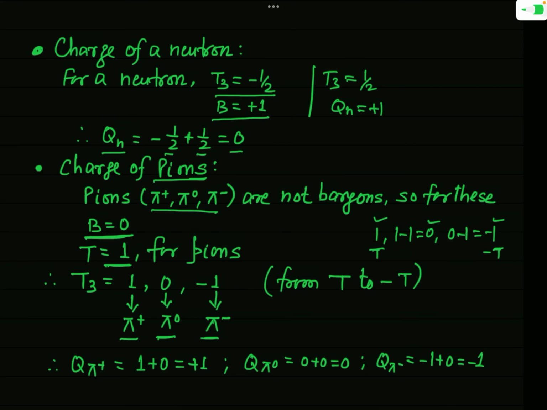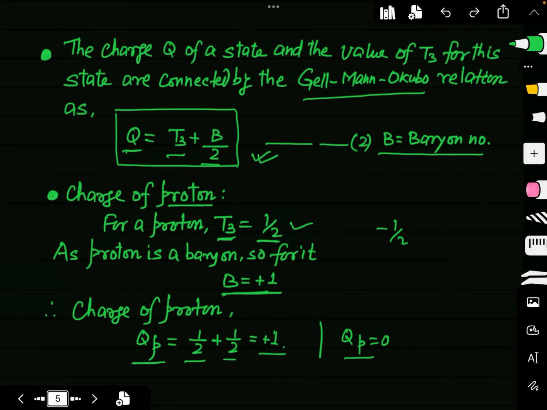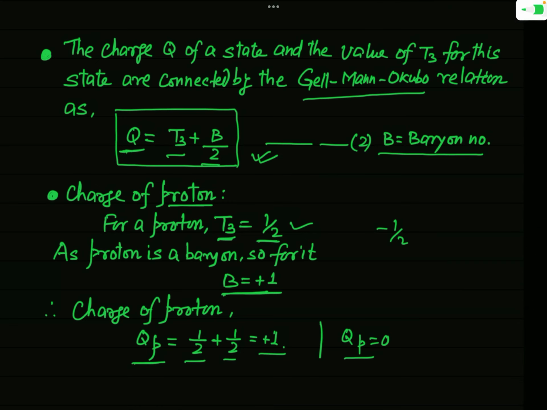Now use the formula for finding the charge of a particle. You can see Q is equal to T3 plus B by 2. Now T3 is known for all the three states of pions, and B is 0 for all the three states.